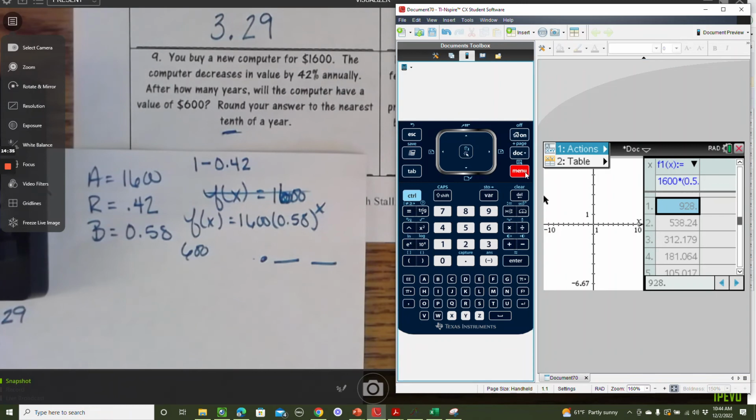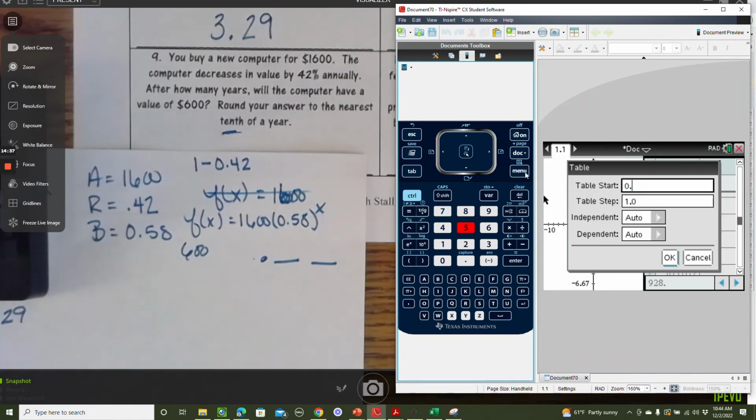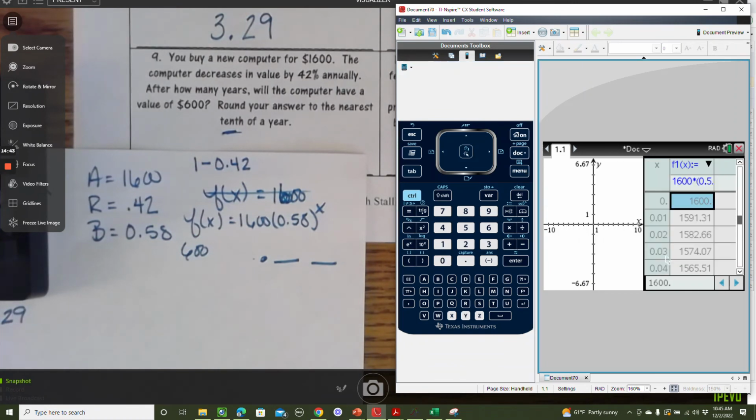And then I can go Menu 2, 5, and I can set this step at 0.01, 2 numbers after the decimal. And then we're looking for 600. This works. You're going to have to scroll some more, because you're not going to really know where to start. But that's okay, this works too.